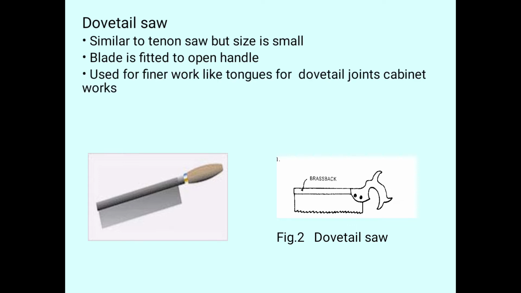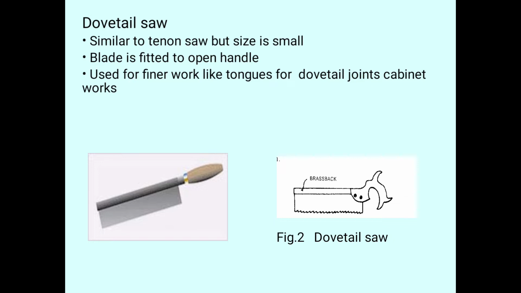Next, this dovetail saw is used for finer works. Simply we can say smooth works, like finishing works. It is used for finer work like tongues for dovetail joints.